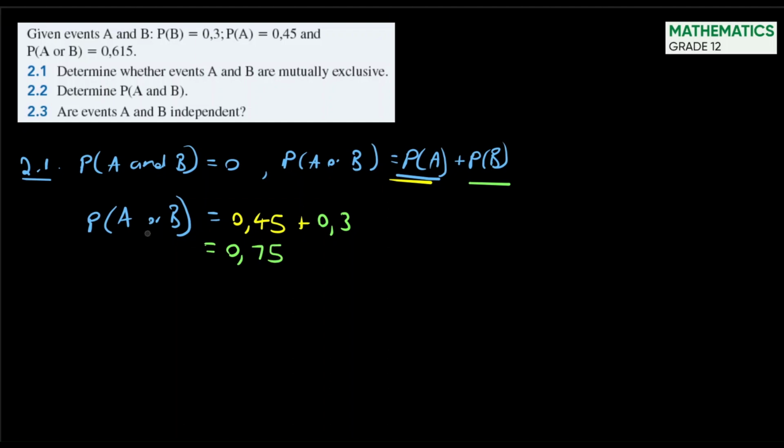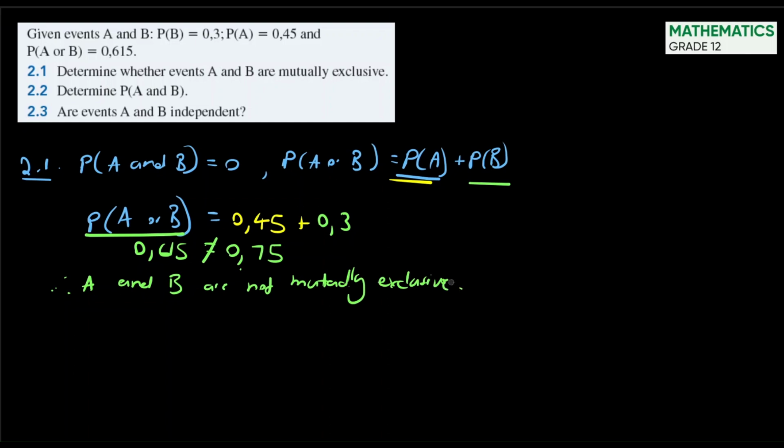For this to be mutually exclusive, the probability of A or B should be equal to 0.75, but we were told that the probability of A or B is equal to 0.615. So therefore, these events are not mutually exclusive.